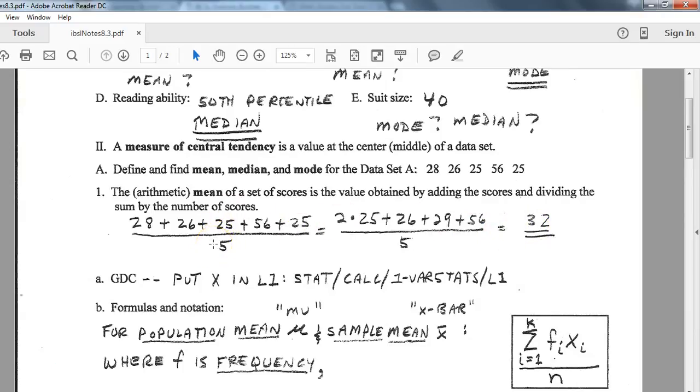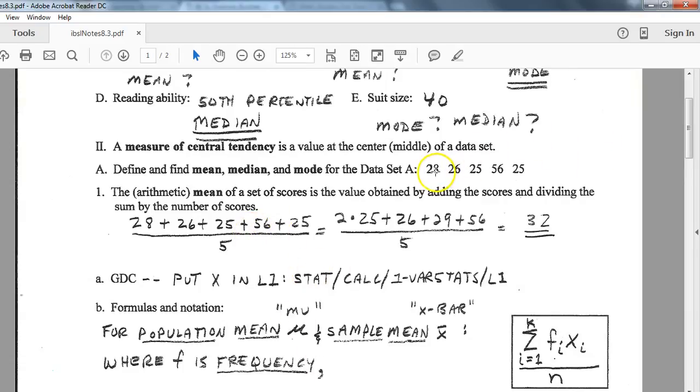This can be done in a calculator, and I'm going to show you that right now, but I want you to keep in mind, you're going to see this in the last couple examples, it is important that you know how to use the formula or algebraic way of doing some of these, because they can give you cases where you can't do it in the calculator and you need to know how to do it by hand. But obviously if the situation calls for it and we can do it in a calculator, we might as well take advantage of that.